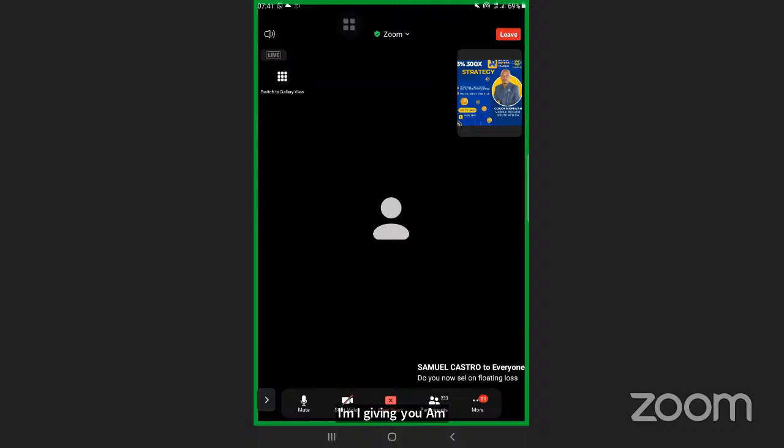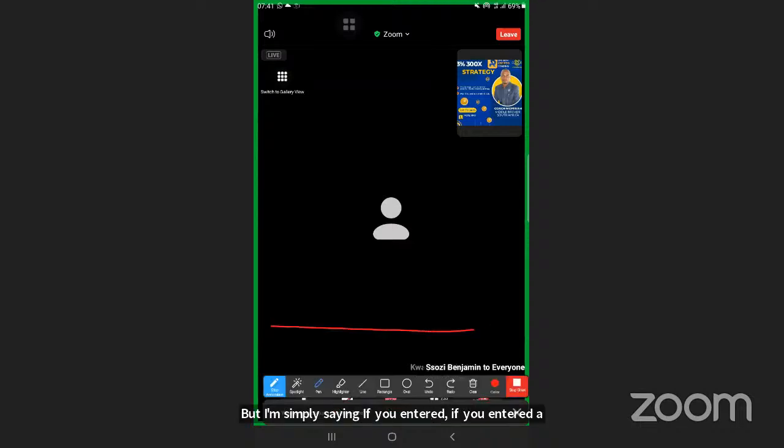When I say exit the market, I didn't say that you should sell in floating loss. I'm simply saying, if you entered a market here, then you reached your take profit of 3%, you exit.